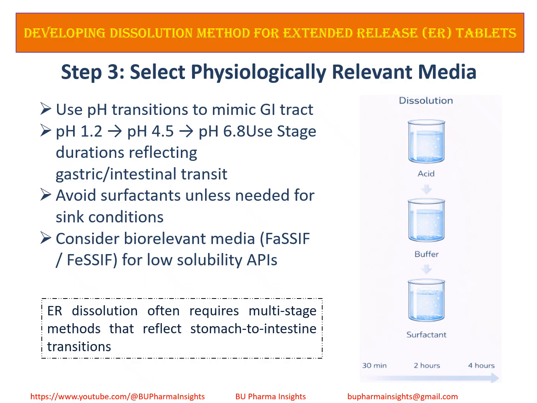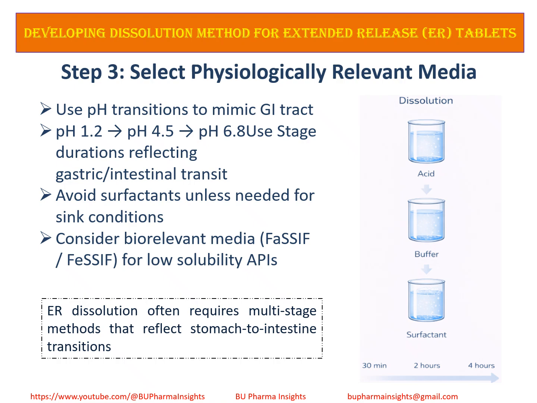Extended release products require multi-stage dissolution testing because their behavior changes as they move through the GI tract. In many ER formulations, the coating may swell, erode, or respond to pH. Matrix systems change release rate with environment.